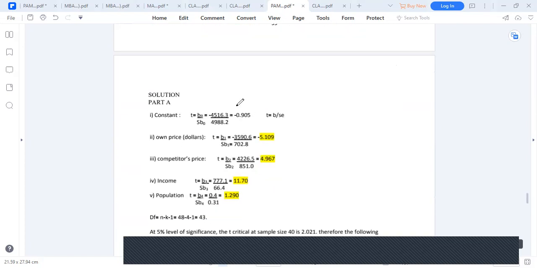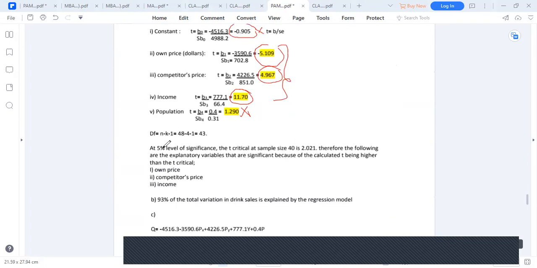For the first one, it is 0.9. It's less than 5%, so it's not significant. This one is 5.1, so it's about 5%. All right. This one, of course, it's less than 5, but it's almost 5 if you round off. It's significant. This one, when you divide that, it's more than 5. It is significant. This one is not significant. It's 1 point something. This one is not significant. So these are the three significant ones at 5%.